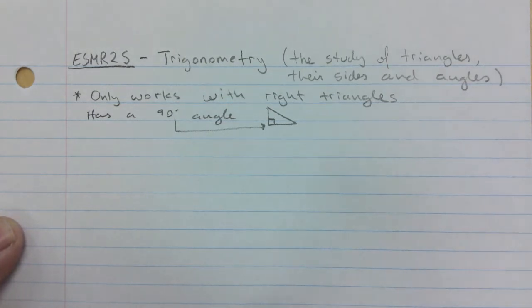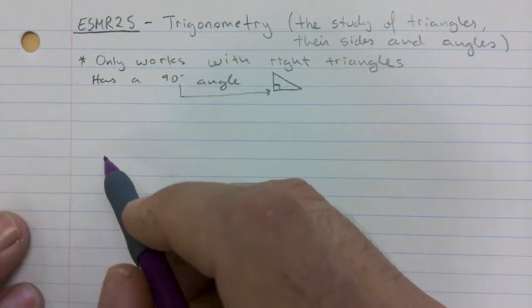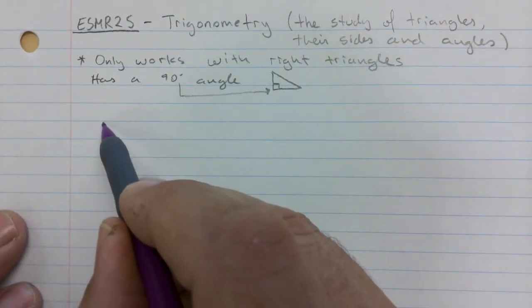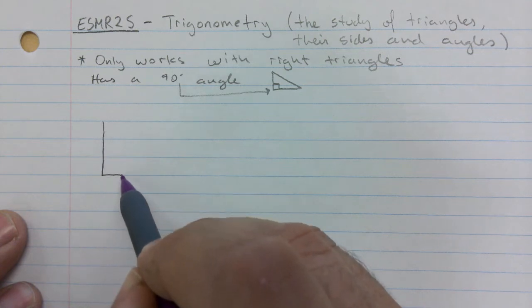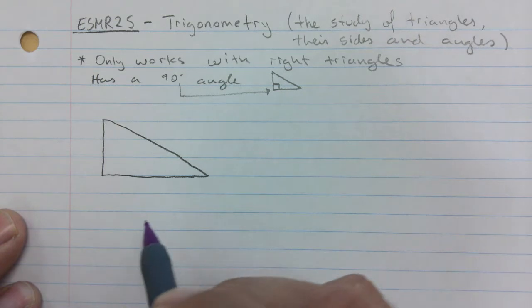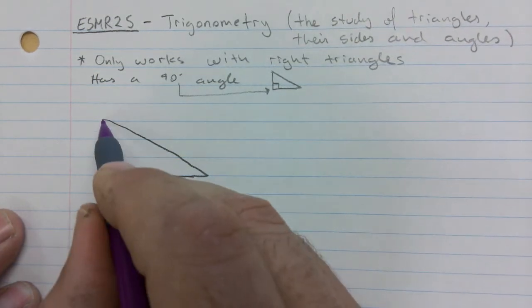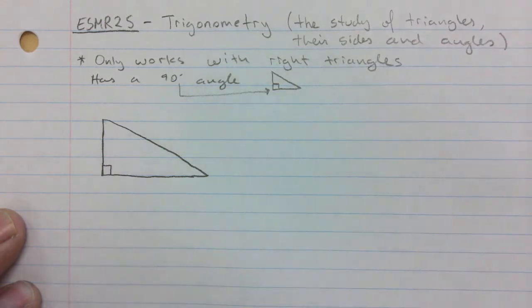Okay, so let's label a triangle. Typically, I'm going to make it look in a couple different ways. So this is a classic look, right? You have your 90-degree angle. There are always 3 sides that you want to label on a triangle.